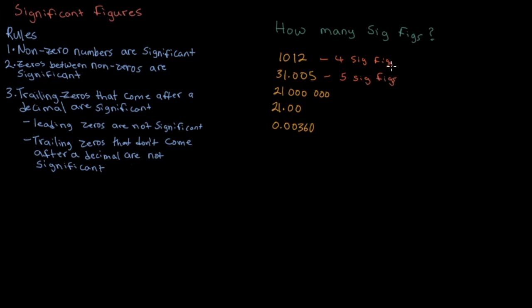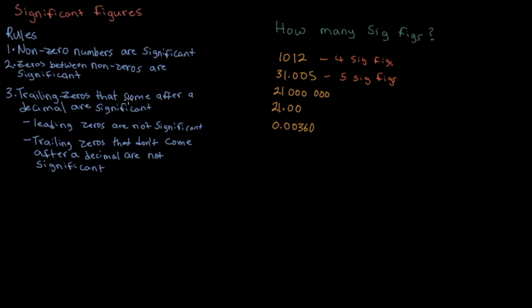All right. How about this one? We have 21 million. How many significant figures are there? If we look back onto our rules, obviously all non-zero numbers are significant. So the 2 and the 1 are significant. There aren't any zeros between the 2 and the 1, and there are no decimal places.